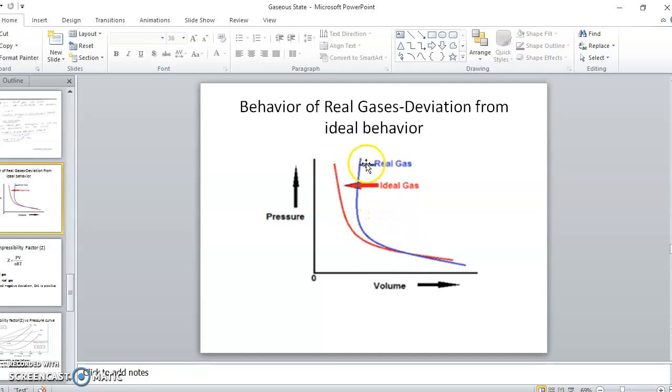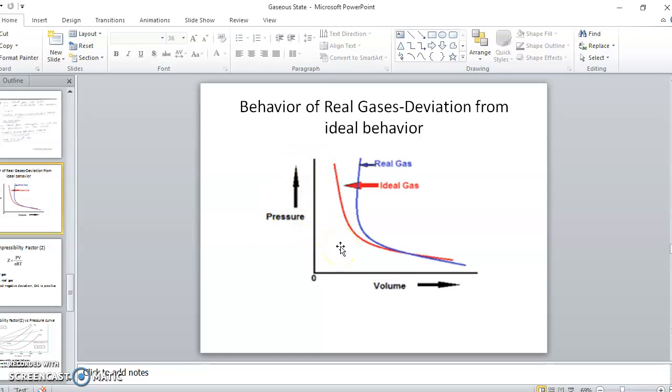Now, if you plot the same curve for the real gas, for the sake of convenience, we divide the pressure into three regions. These are very low pressure, these are moderate pressure, while these are high pressure.